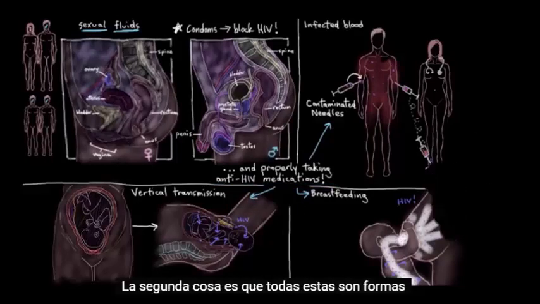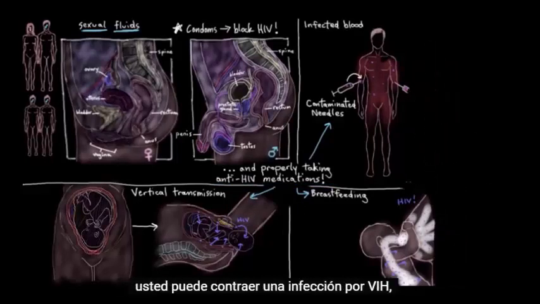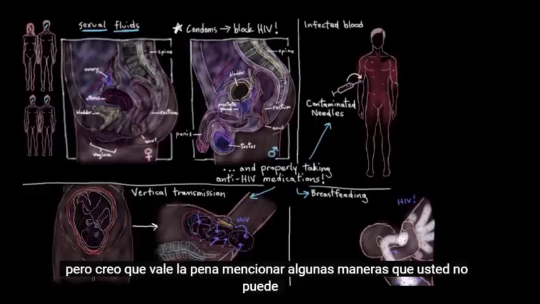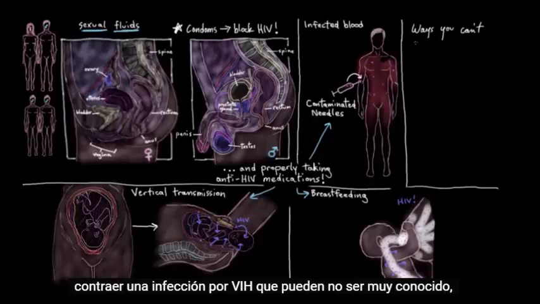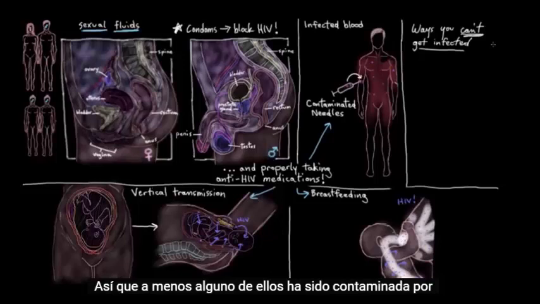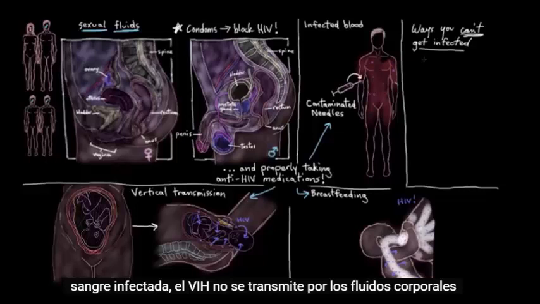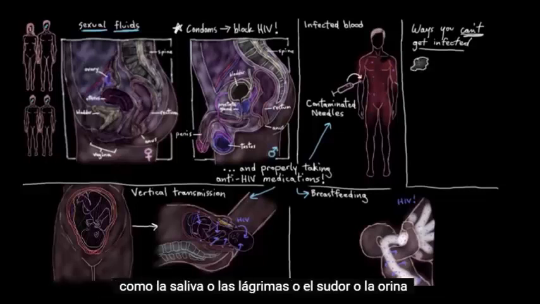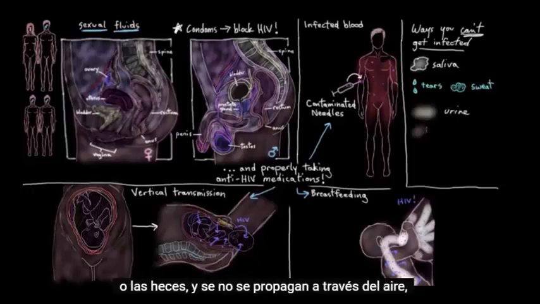The second thing is that these are all ways you can contract an HIV infection, but I think it's worth mentioning a few ways you can't contract an HIV infection that might not be well known, or there might be some myths around these. So unless any of these has been contaminated by infected blood, HIV is not transmitted by body fluids like saliva, or tears, or sweat, or urine, or feces.